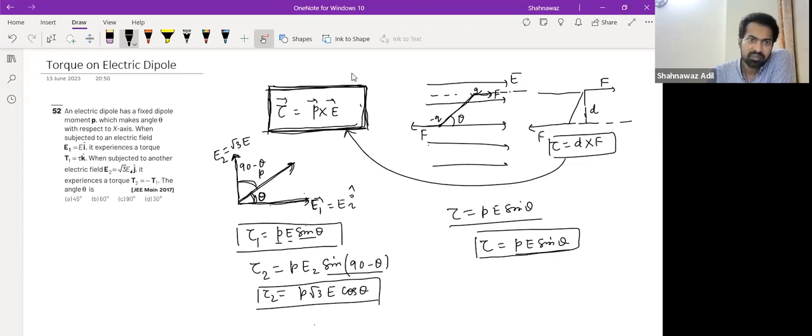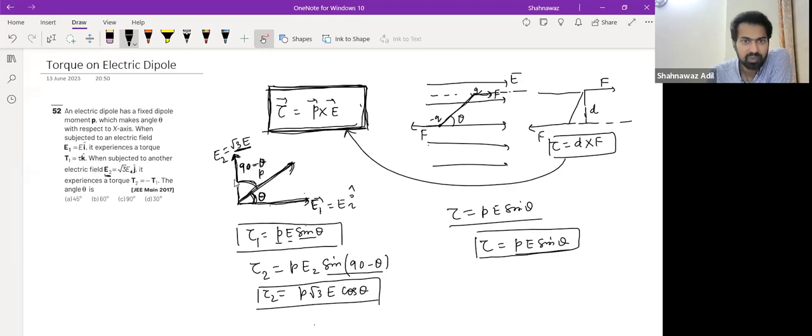And for the second case, the second electric field is in the y direction, which is root 3 E. What is the angle that it is making with this dipole moment? This is theta, so this would be 90 minus theta.